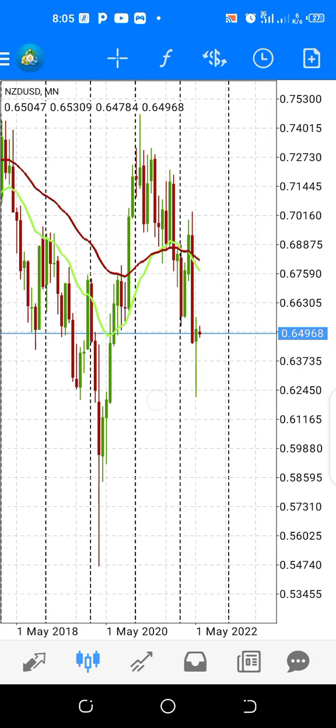NZD USD is still a very interesting one. So just go to your H4, do your entering or your H1 in respect to this direction. Anything you're doing should be in respect to the trend. Remember, the trend is your friend and you shouldn't go against it, unless you want to go back to blame your account.